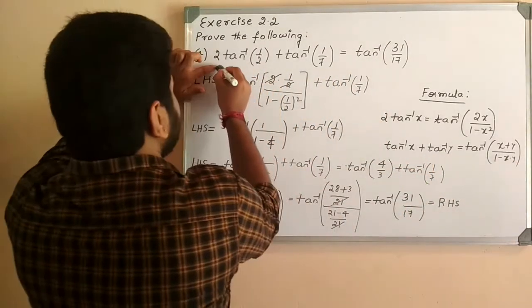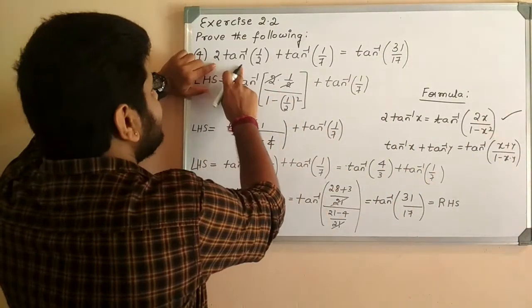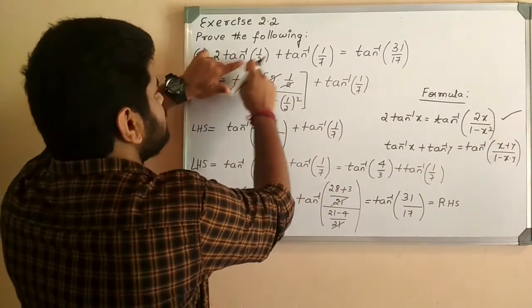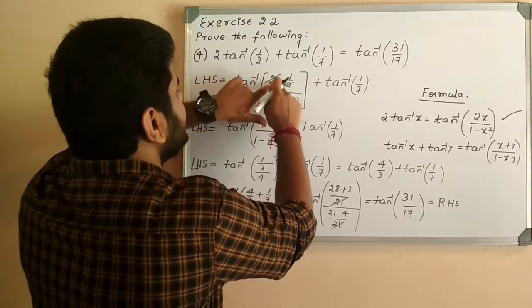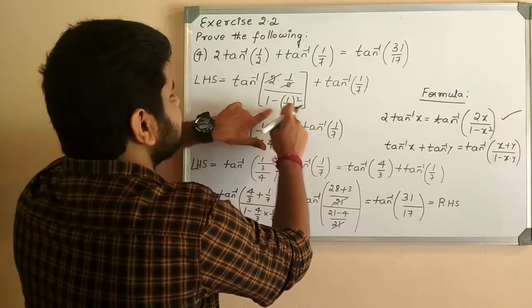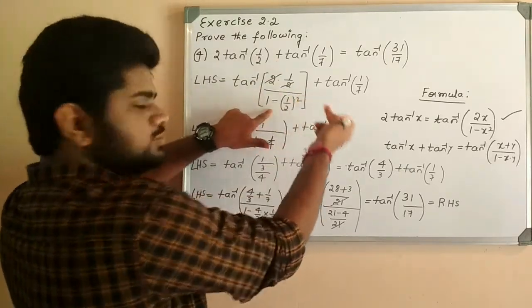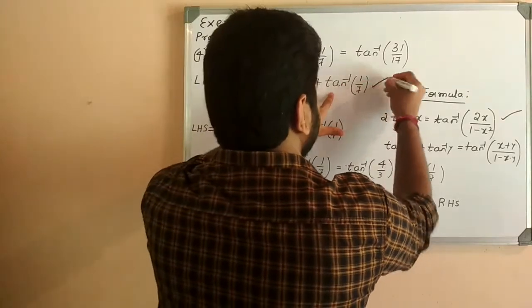So first you need to apply this formula, that is 2 tan inverse of 1 by 2 is equal to tan inverse of 2 into x, means 1 by 2, divided by 1 minus x square, 1 by 2 square, plus as it is tan inverse of 1 by 7.